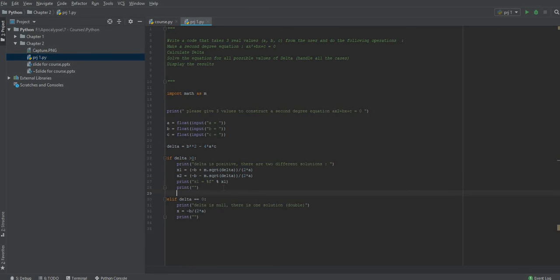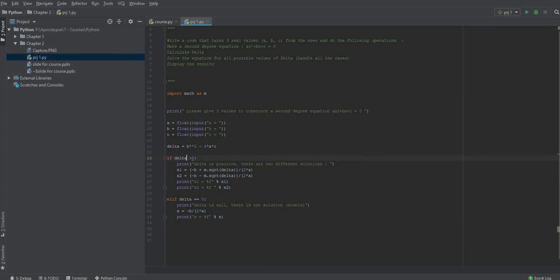So here the same thing, percentage x, and here percentage f. Now we have left just one condition, which is delta strictly negative. There is no need to make an elif if delta is strictly negative.